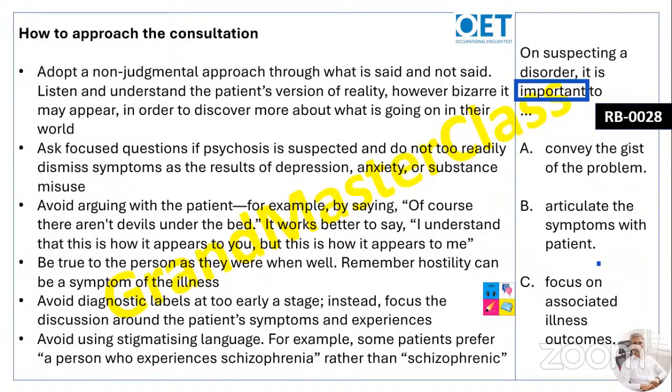It is required not to dismiss symptoms. It is important not to dismiss symptoms, because symptoms are important. Don't dismiss them. Important means you must give them importance. Symptoms are to be given importance.